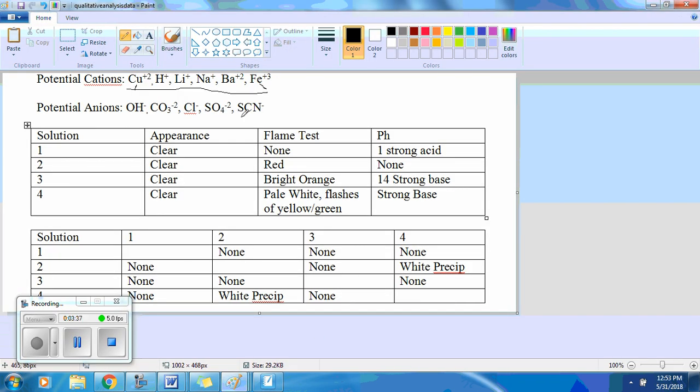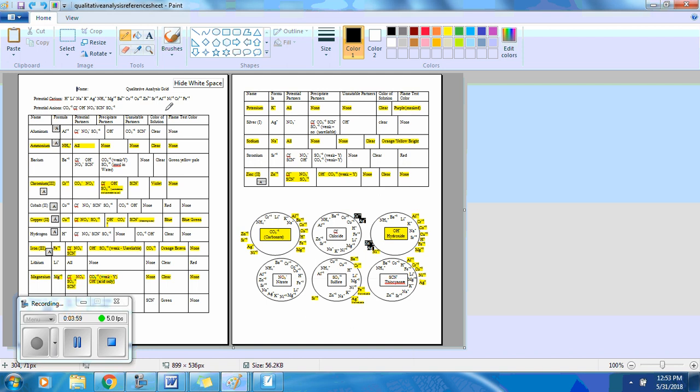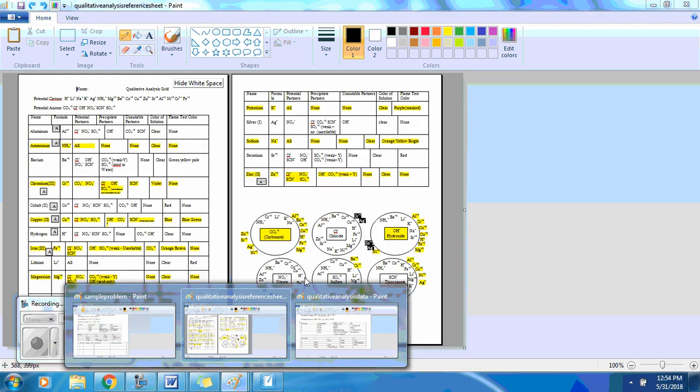All right, now the next thing I'm going to look at is my flame test. This one was red. Now, which of these remaining cations had a red flame test? I would look at my reference sheet, at the flame test color column, and then come back.